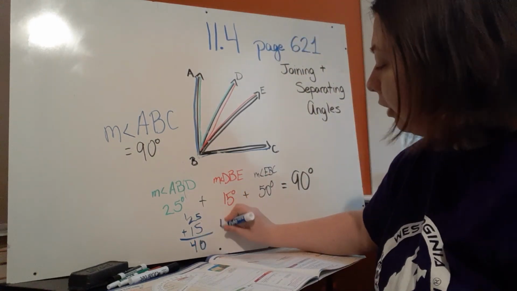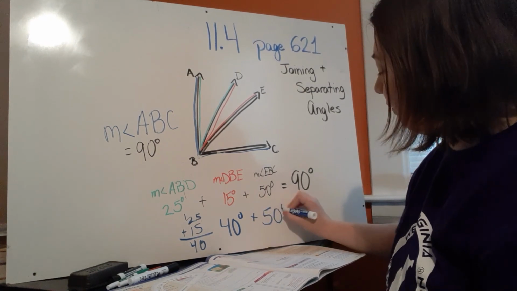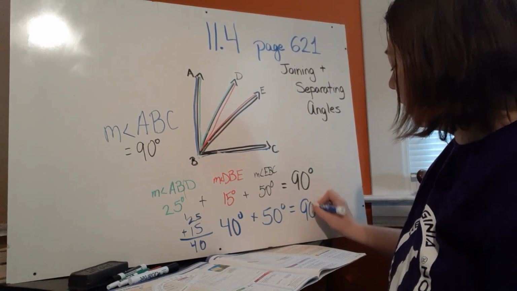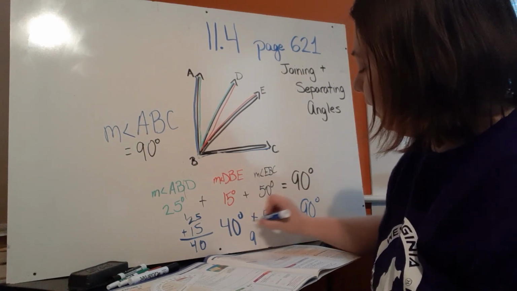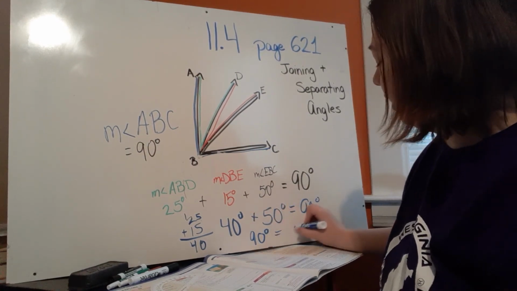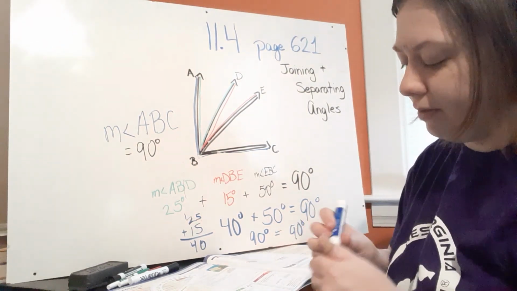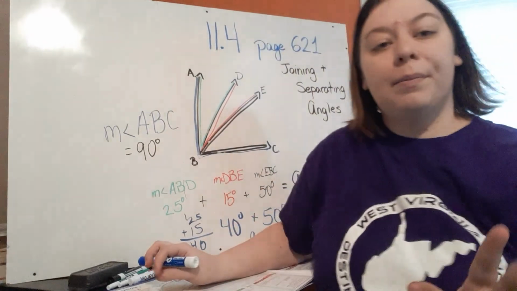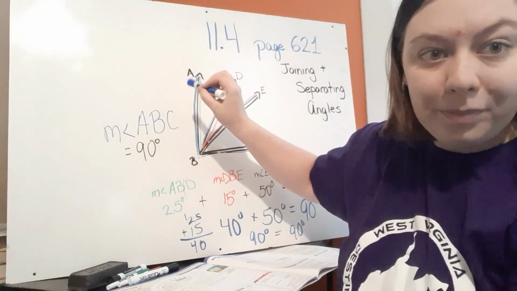So 40 degrees so far. So 40 degrees plus 50 degrees should equal 90. 4 plus 5 is 9. Then I have my 2 zeros, 90 degrees. So again, looking at parts that make up a whole.